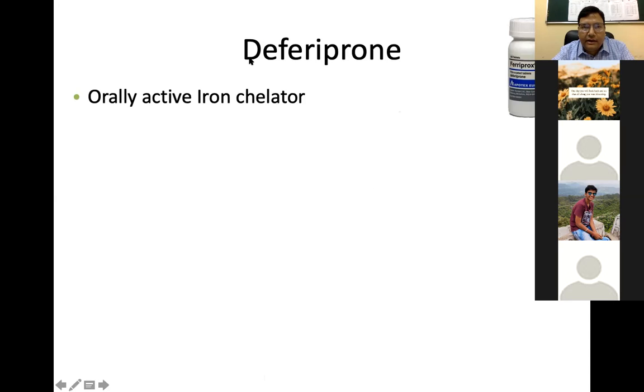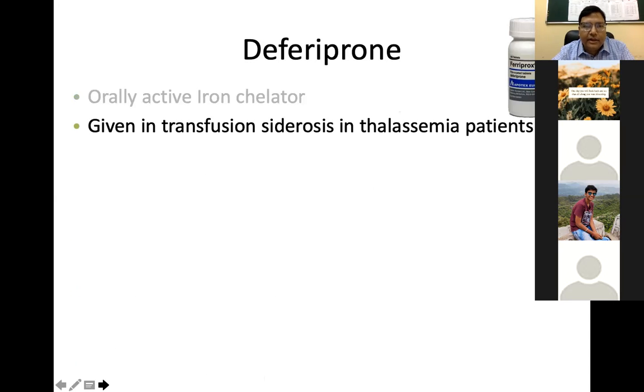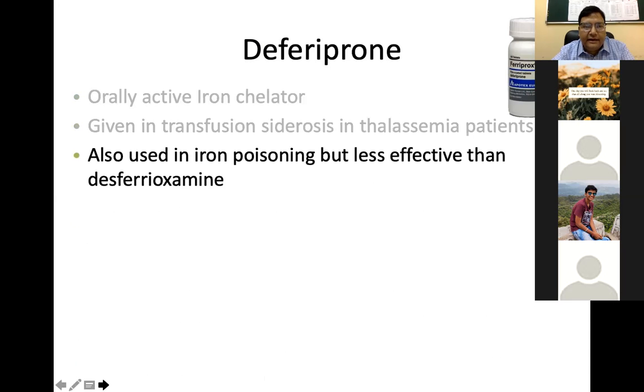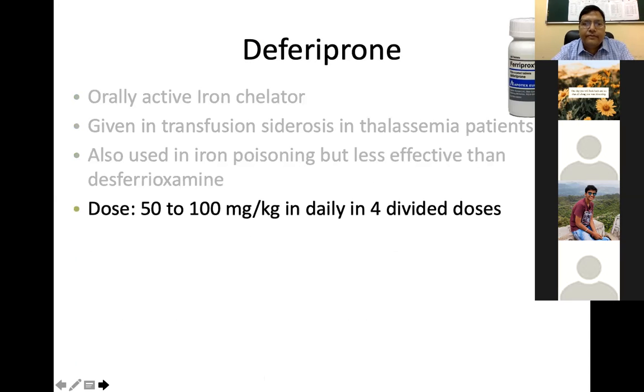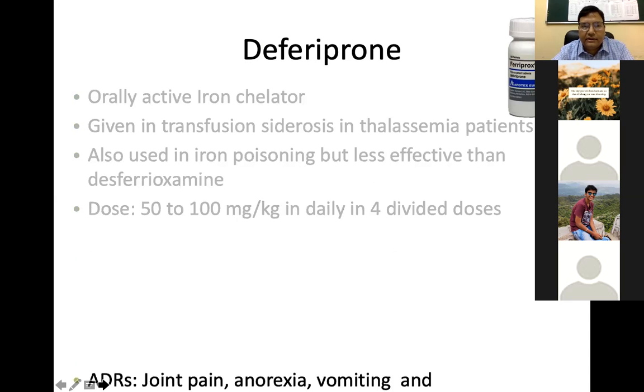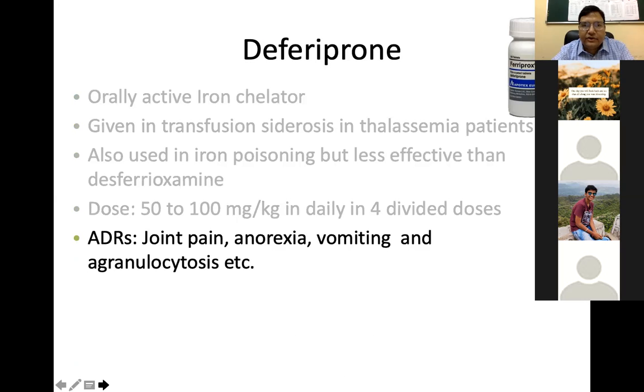Tablets of deferiprone are available, and they are given in patients of transfusion cirrhosis in thalassemia, and they are also used in iron poisoning, but are less effective as compared to desferrioxamine. The dose is 50 to 100 milligram per kg in 4 divided doses. Common adverse effects associated with it are joint pain, anorexia, vomiting, and agranulocytosis.